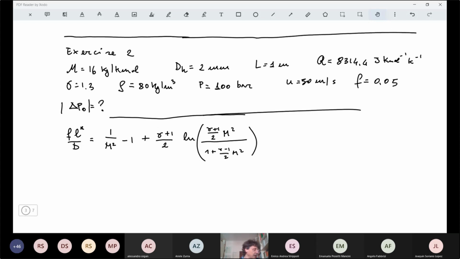And so now we should think how to exploit this relation for our purpose.